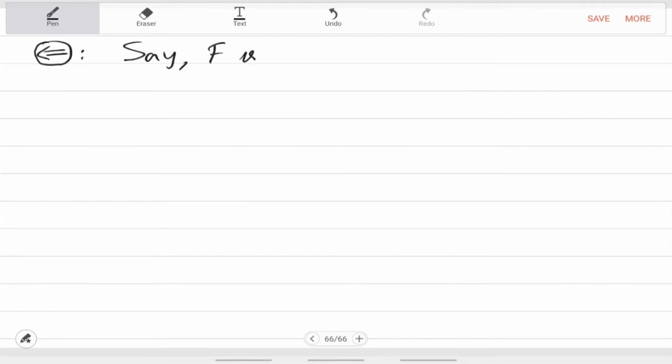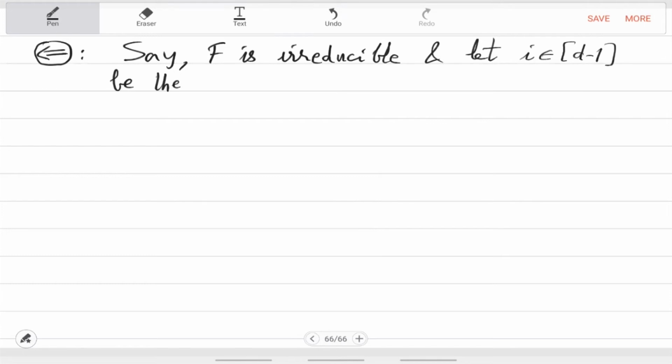So say big F is irreducible, and I be the least number such that the GCD of these two polynomials is not 1.